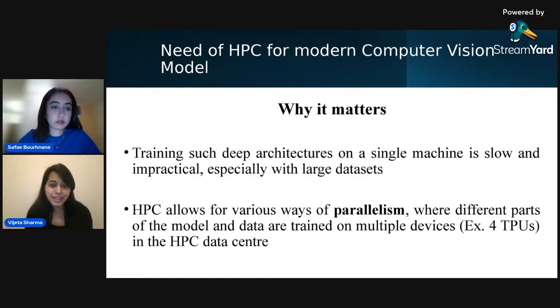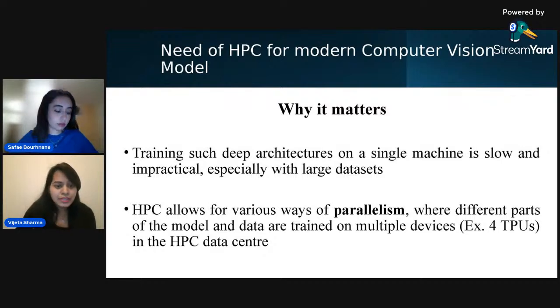For example, they can be trained on multiple devices, 4 TPUs, 8 TPUs, 16 GPUs, multi-GPU, and multi-node scenarios. So we are all set to talk about how these computer vision models are ready for the HPC system. In fact, they are training on HPC systems.